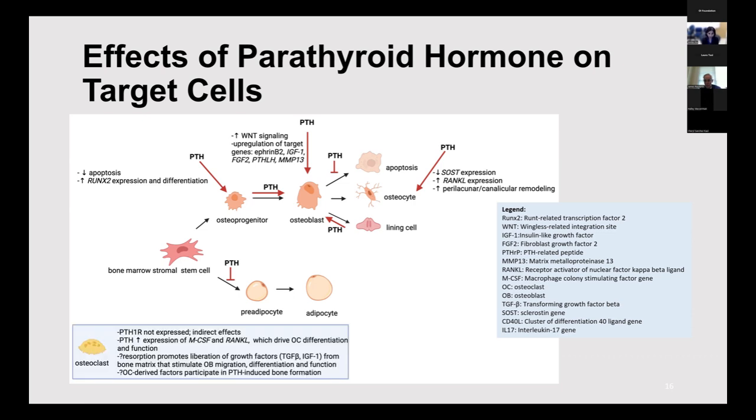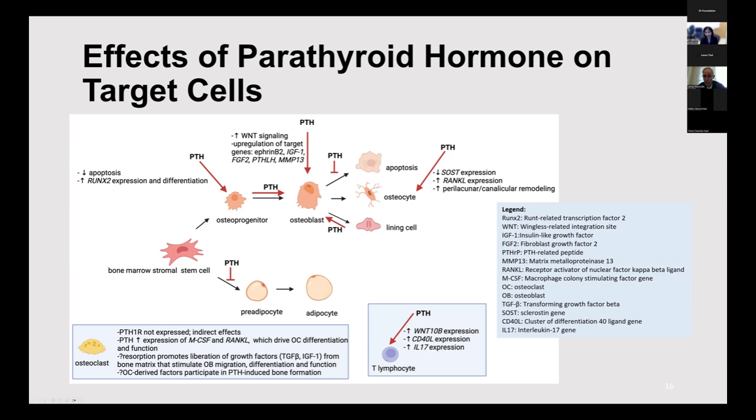We should recall that there are no PTH1 receptors expressed on the osteoclast. So the effect on osteoclasts is predominantly through the increased secretion of RANKL, which promotes the differentiation of immature osteoclasts into mature osteoclasts.